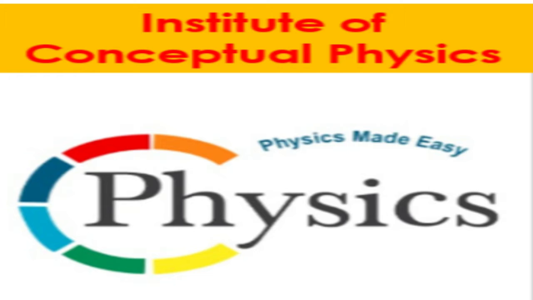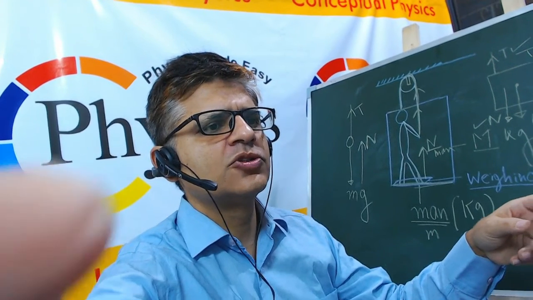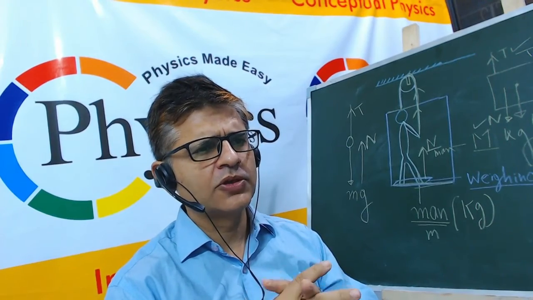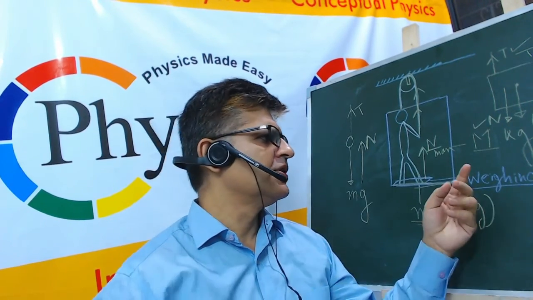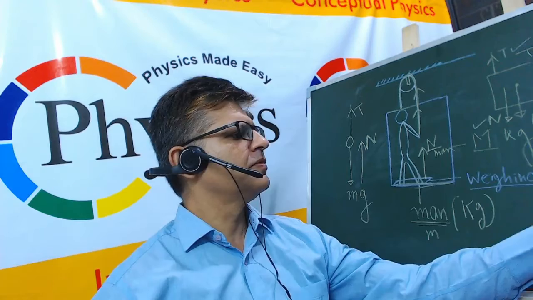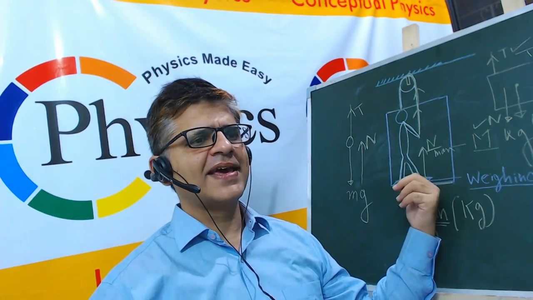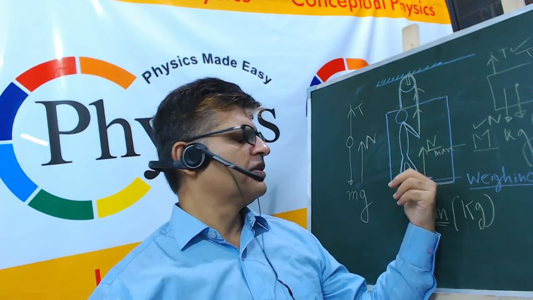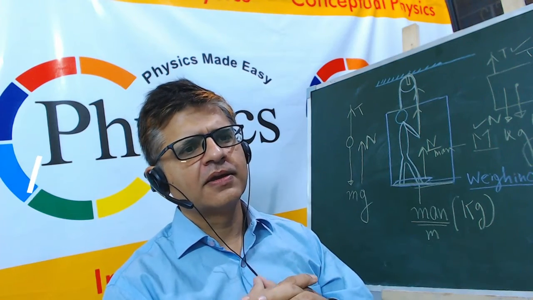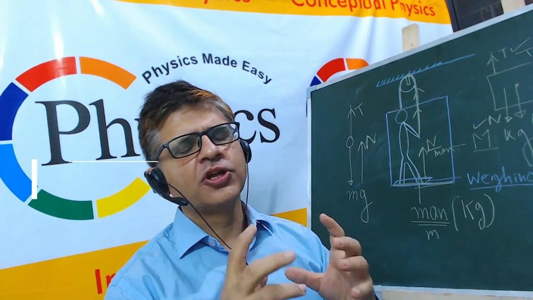And therefore, this normal reaction which we calculated is the reading on the weighing scale. The weighing scale will give you the reading which is actually the normal reaction.